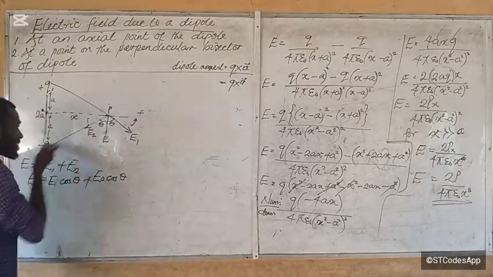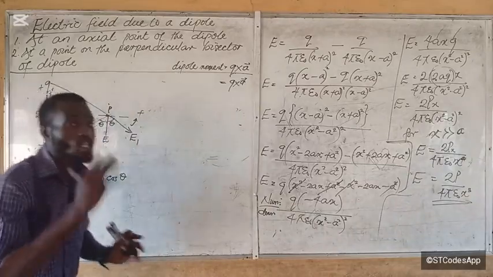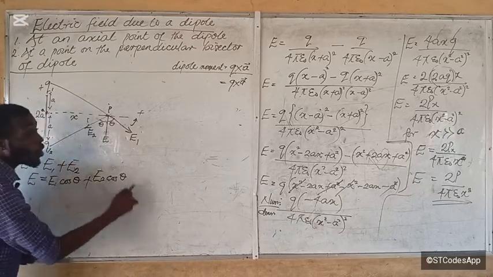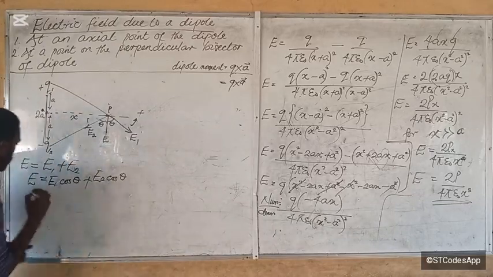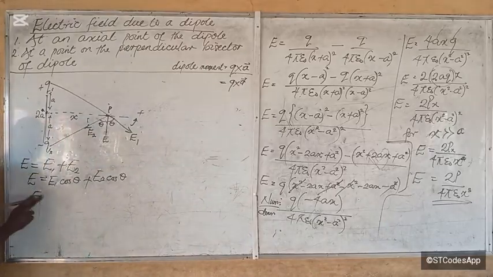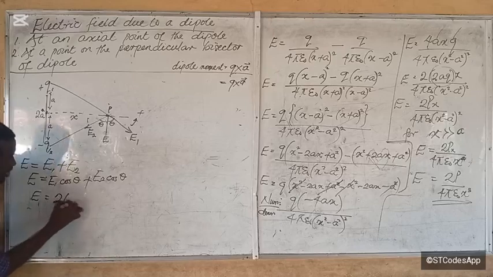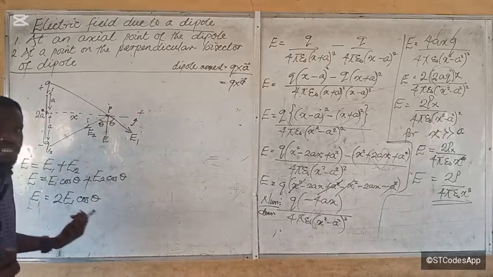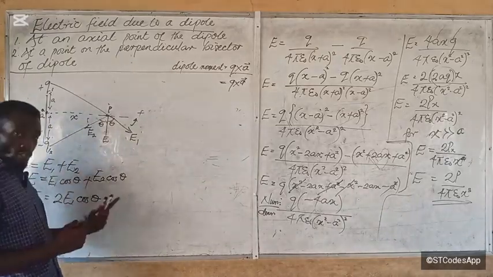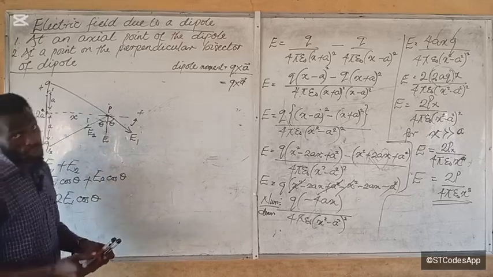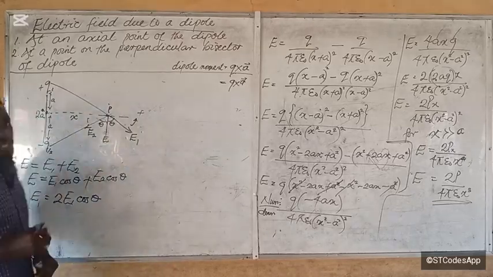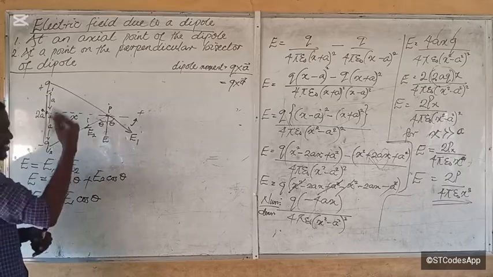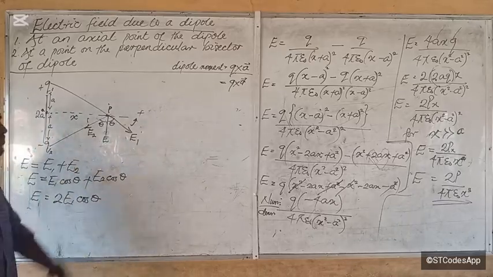What does that mean? This line here and this distance here are going to be equal. So what that means is that E1 cos theta is going to equal E2 cos theta. Does that make sense? So that our E is going to be 2 E1 cos theta, or 2 E2 cos theta, since E1 and E2 are going to be the same. I've told you the reason: the magnitudes of the charges are the same, at the same distance apart. Do you understand now? All right.